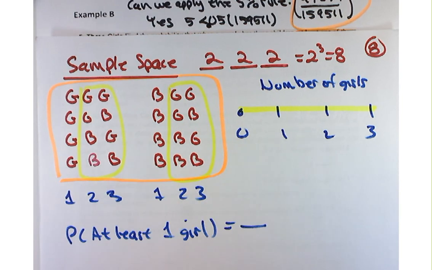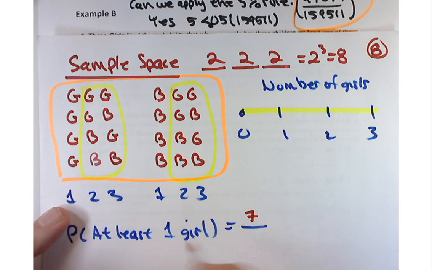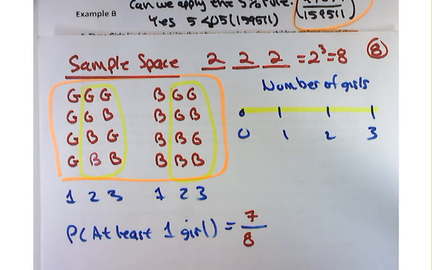No girls. Good. So if you're keeping track, there were 7 ways I could get at least one girl out of 8. So that's a direct calculation, and I'm hoping that one's not that hard. So are we okay with that one?